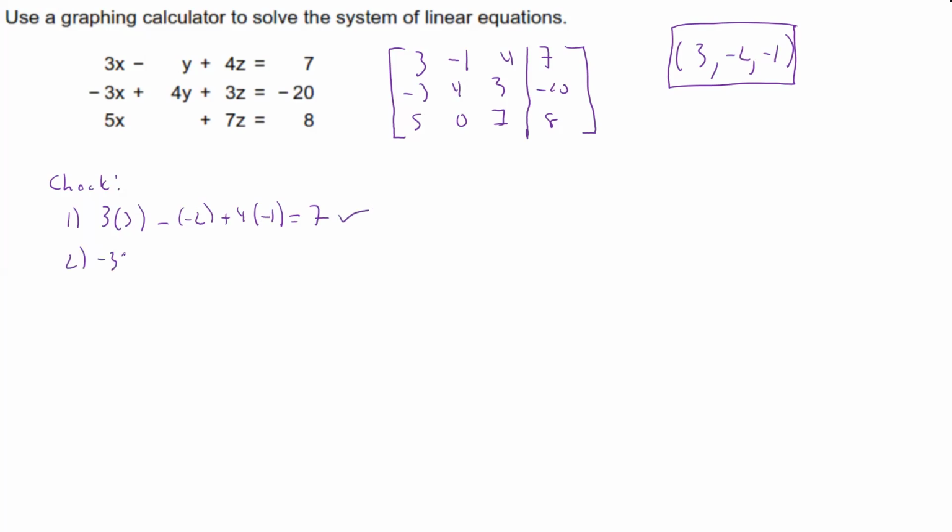Here we have a minus 3 times 3 plus 4 times a minus 2 plus 3 times a minus 1, and that's supposed to be minus 20. So we got 9, 10, 11, 12 plus another 8, so that's going to be a minus 20 as well, so that looks good. And here we have 5 times 3 plus 7 times a minus 1, so 15 minus 7 is 8, and that's what it's supposed to be, so it looks like we have the correct solution.